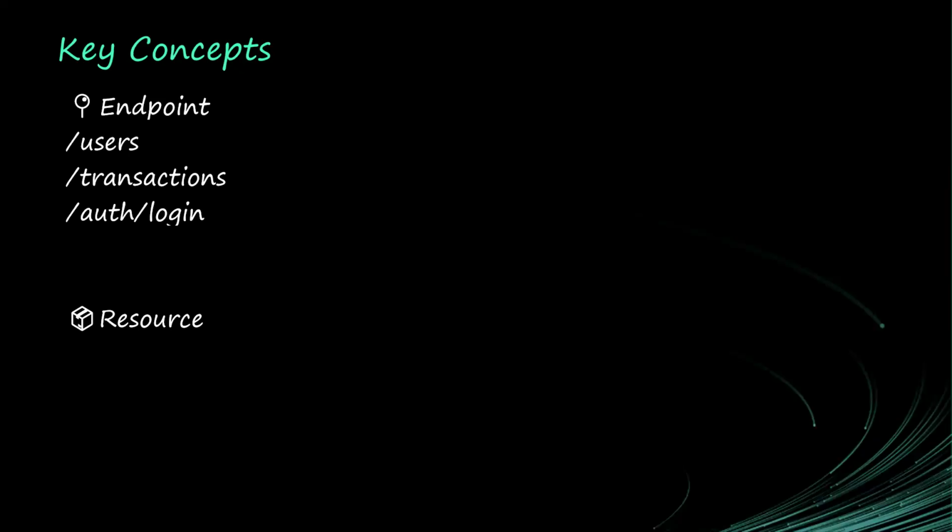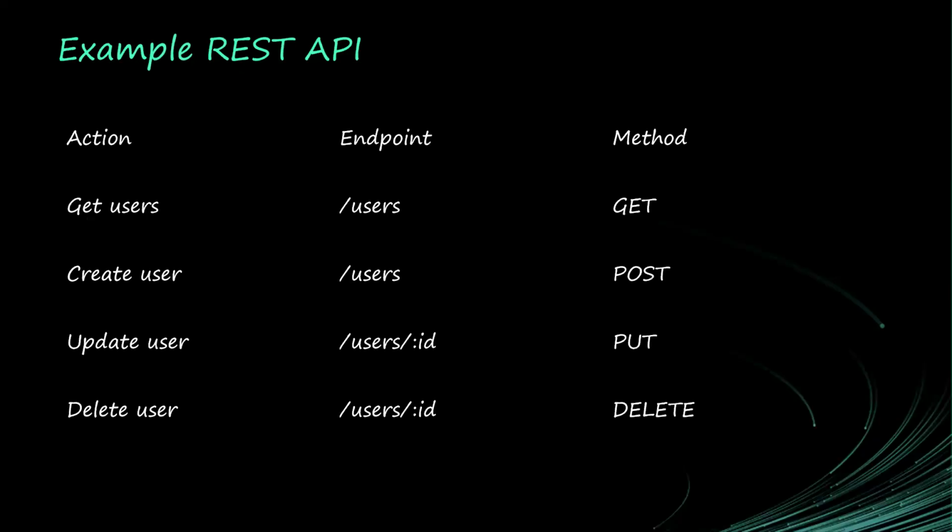When they say /users, they have a program, a software, an application that can serve them and give them something. So we call them resources. In this case, /users will give us the users of an application fetched from the database. Transactions and wallets are resources too.